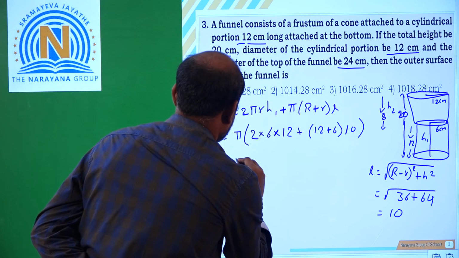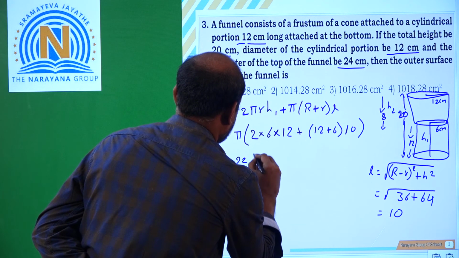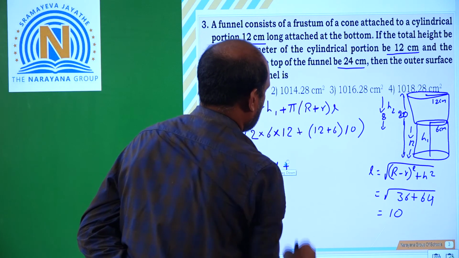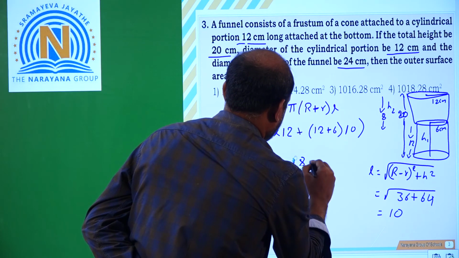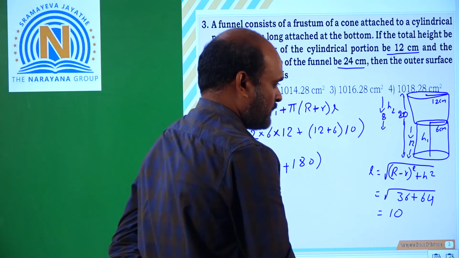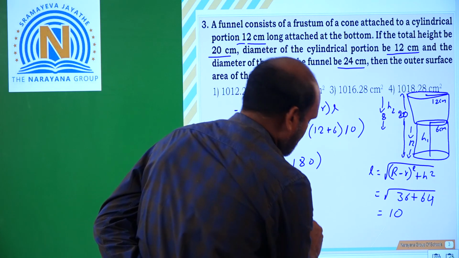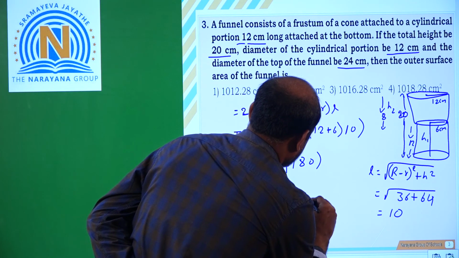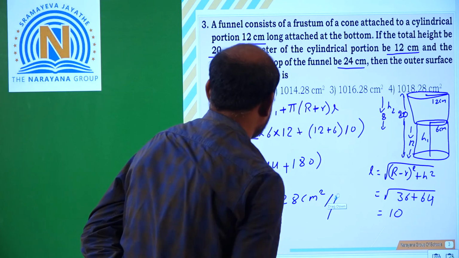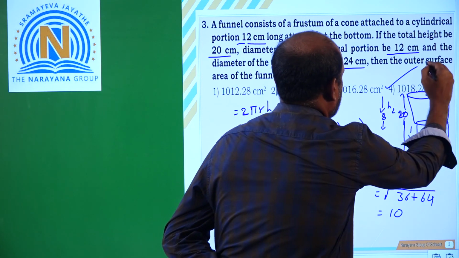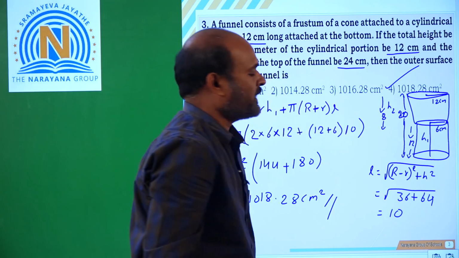So that is equal to 22 by 7 into 144 plus 180, that is 1018.28 centimeter square. That is option 4, the correct answer.